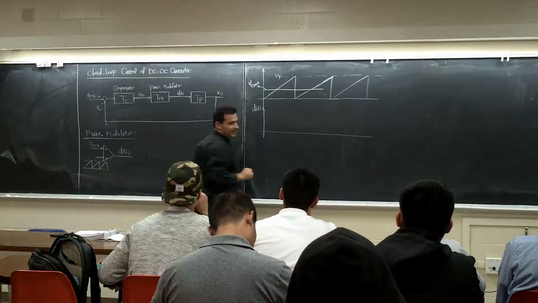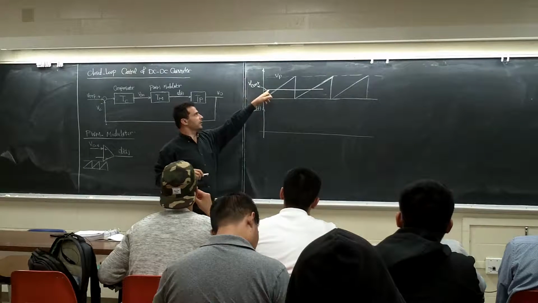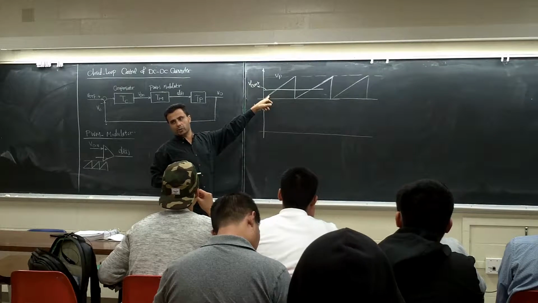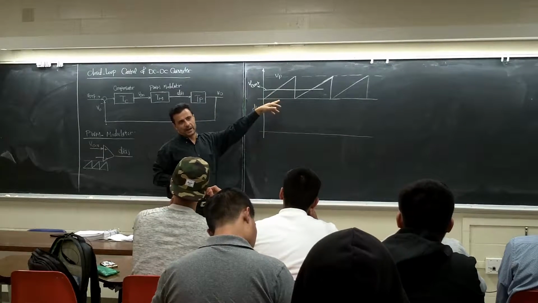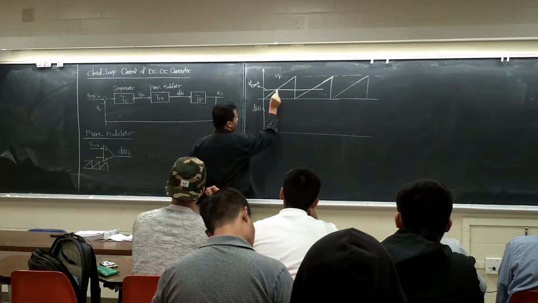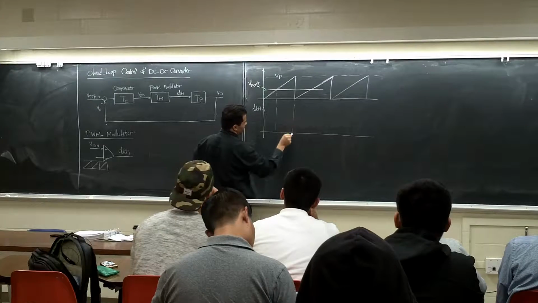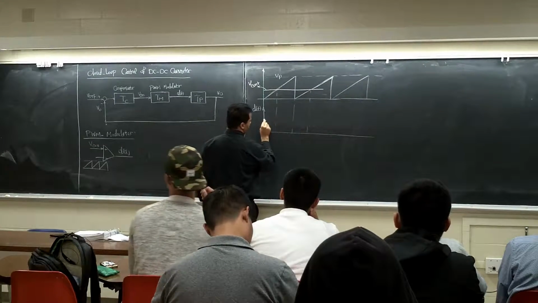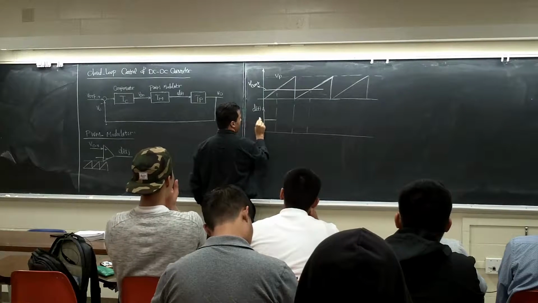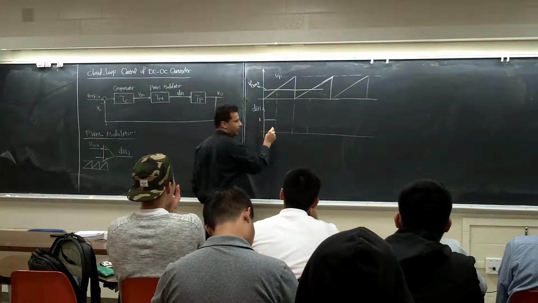If we look at the DT, how is it going to be? If V control is more than the triangular waveform, the switch is on, and if it's less than that, it's off, right? Basically, let's keep it here. And this one is going to be on, one means on, or off.